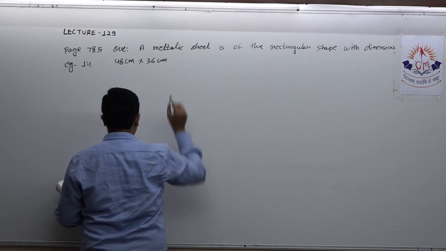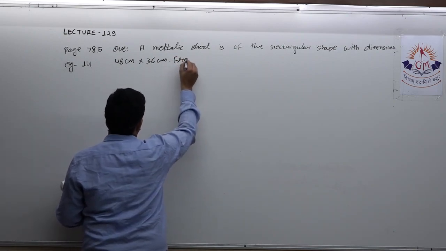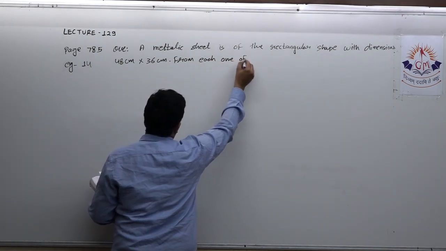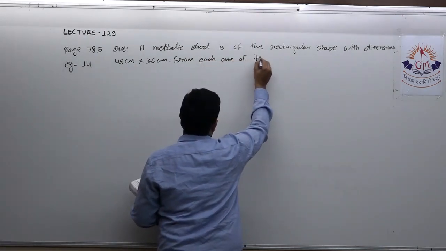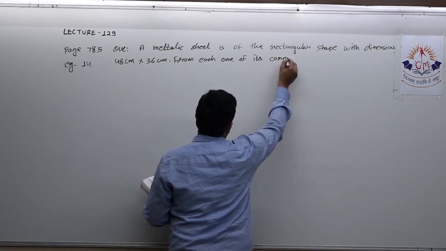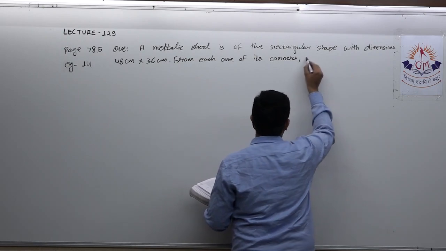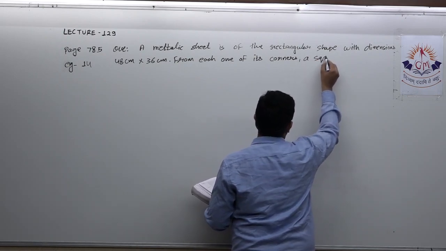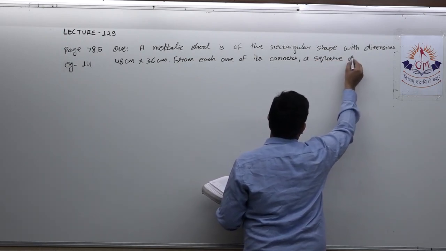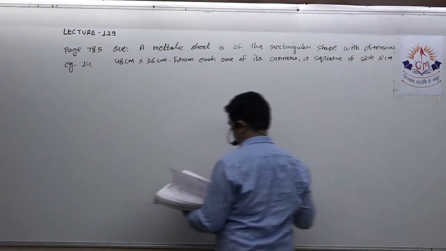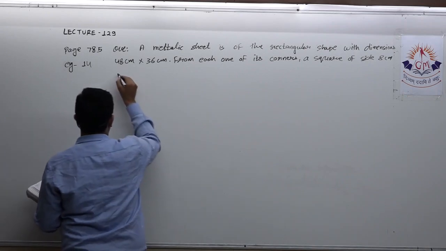From each one of its corner, a square of side 8 centimeter is cut off.